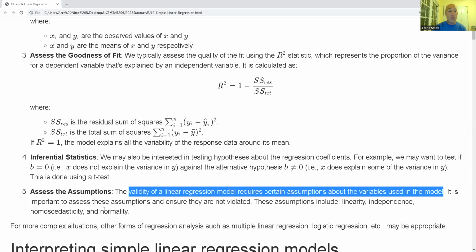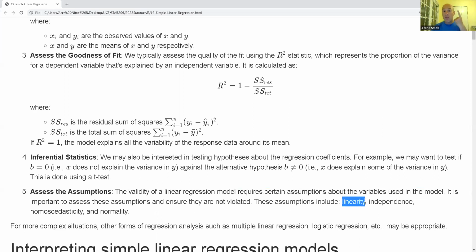It is important to assess these assumptions and ensure that they are not violated. So our assumptions are linearity, that means that the model is the correct model, independence between observations, homoscedasticity, so we have constant variance, the variance of the epsilon is constant with respect to x. And the last one is normality.